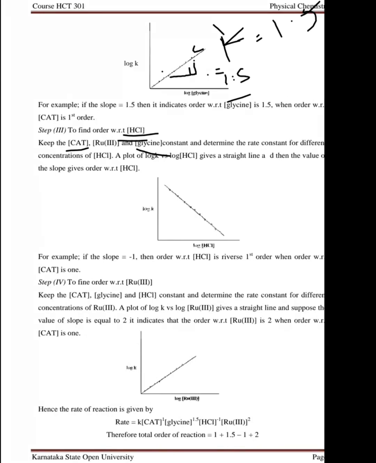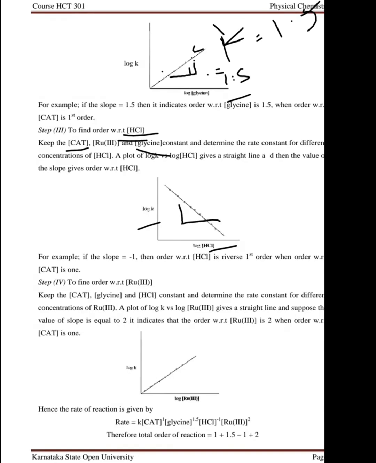So this is the plot by varying log concentration. Here we have got the plot, and from this plot we are going to calculate the slope like this.